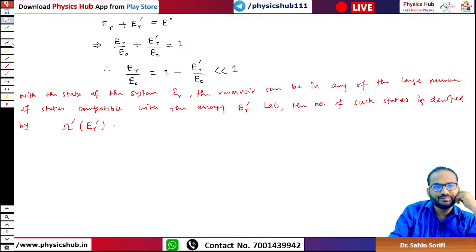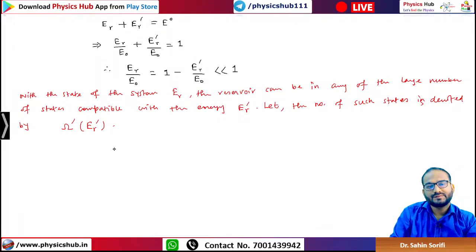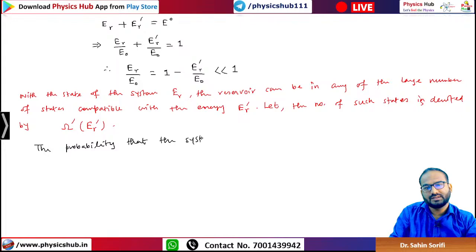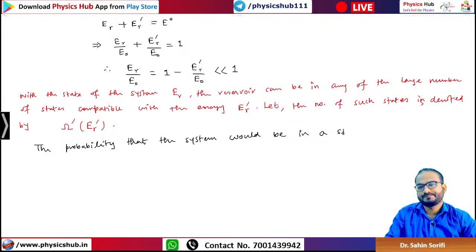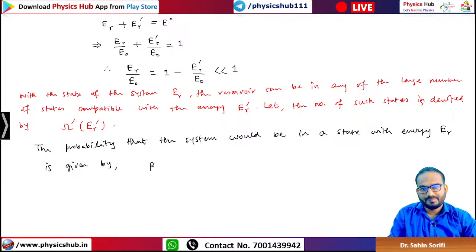And you see, we can say this PR, the probability that the system would be in a state with energy, let's say ER, is given by PR.